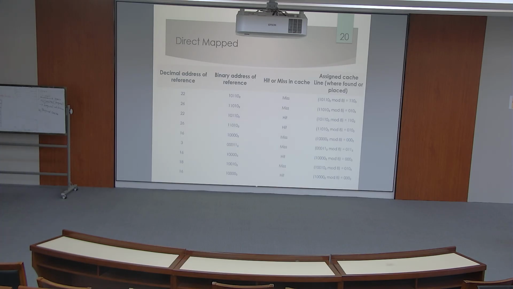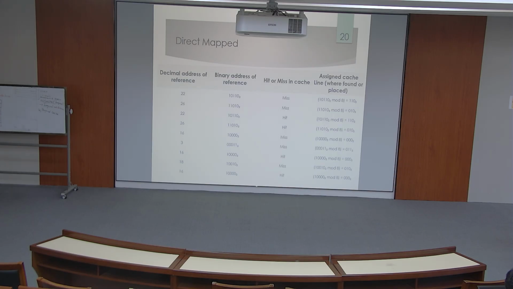Now, we're going to continue with the direct map caching technique. Please, everybody, pay attention to this, because I'm going to ask you to solve this as well. For direct map caching, to find the cache line, we take the block address from the main memory, mod the number of cache lines.